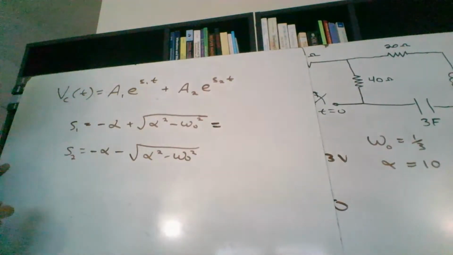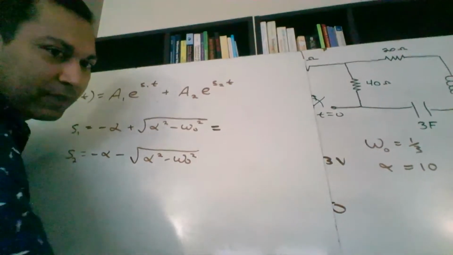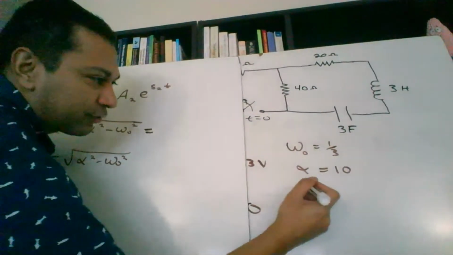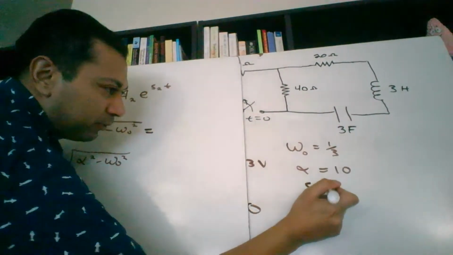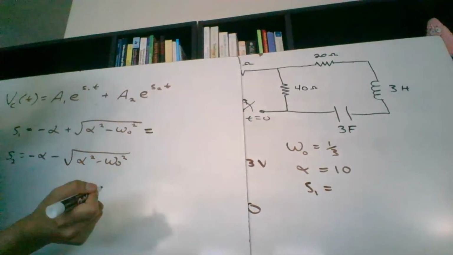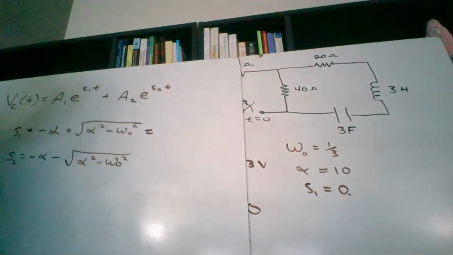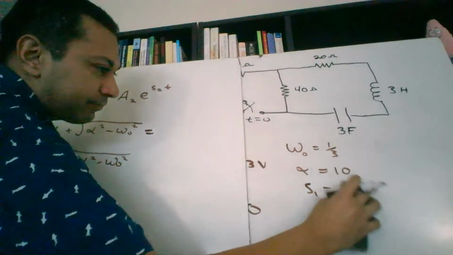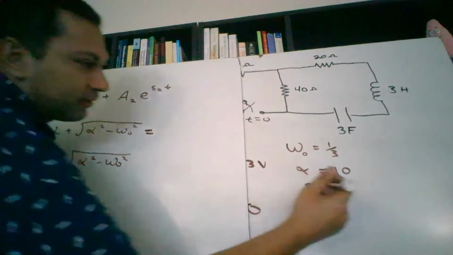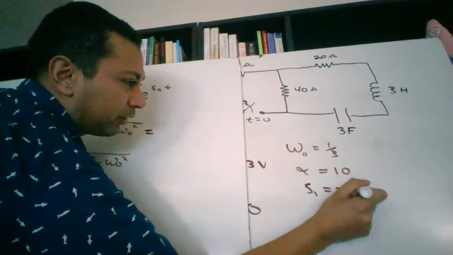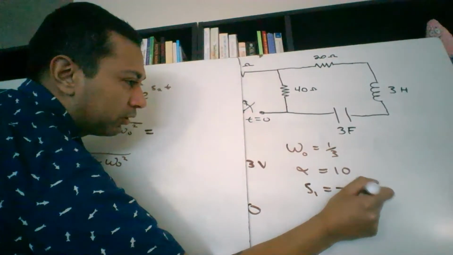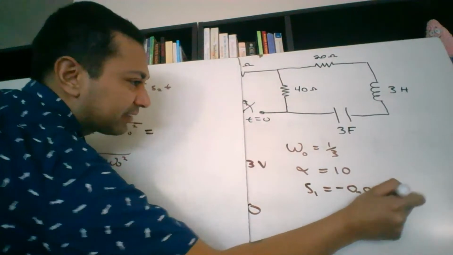So for S1, I'll write it over here. For S1, we will get negative 0.006.